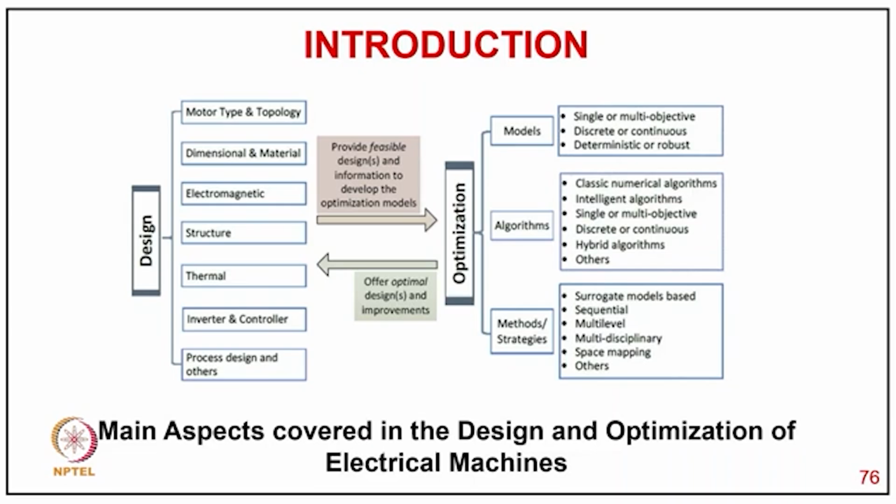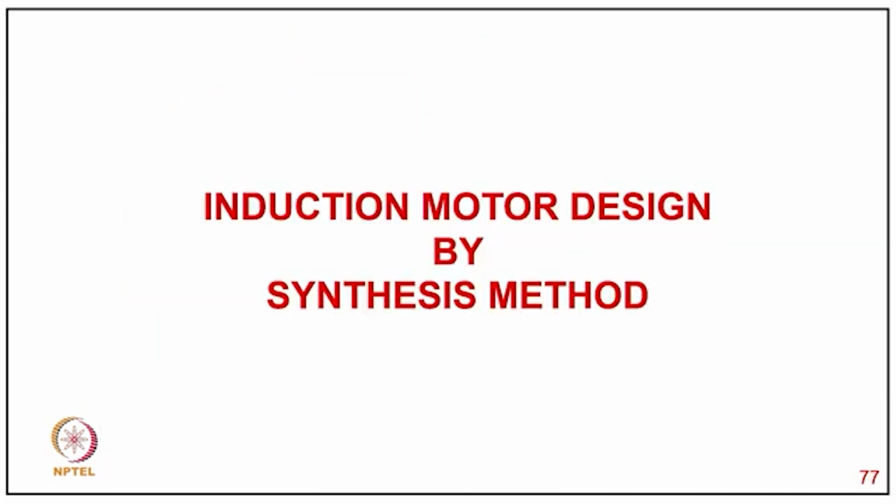Then we use algorithms for optimization like classical numerical algorithms, intelligent algorithms, single or multiple objectives, discrete or continuous, hybrid algorithms, and others. We also have methodologies like surrogate model, sequential method, then multi-level, multi-dimensional space mapping and others. Then we go back and offer the optimal design with the improvement for final calculation. This is the process we typically follow in design and optimization of electrical machines.